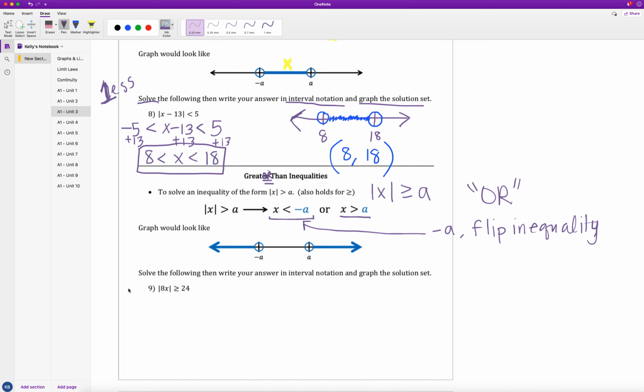Okay, let's do an example together. So it says solve the following, then write your answer in interval notation and graph the solution set. So again, quite a bit going on here. So let's start with the solving piece. So our problem says the absolute value of 8x is greater than or equal to 24.